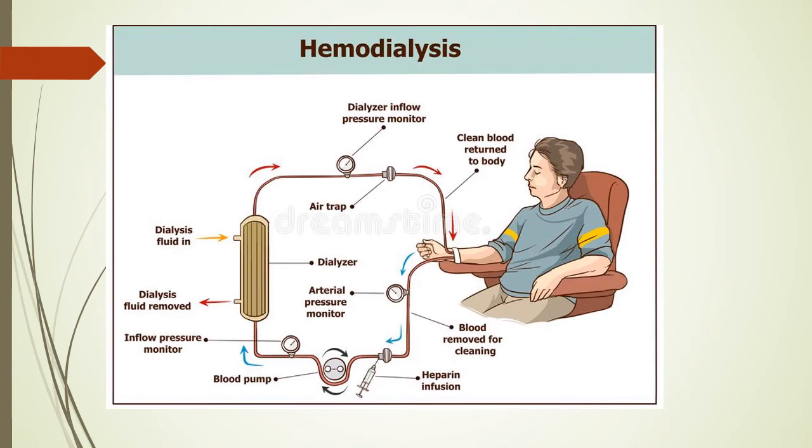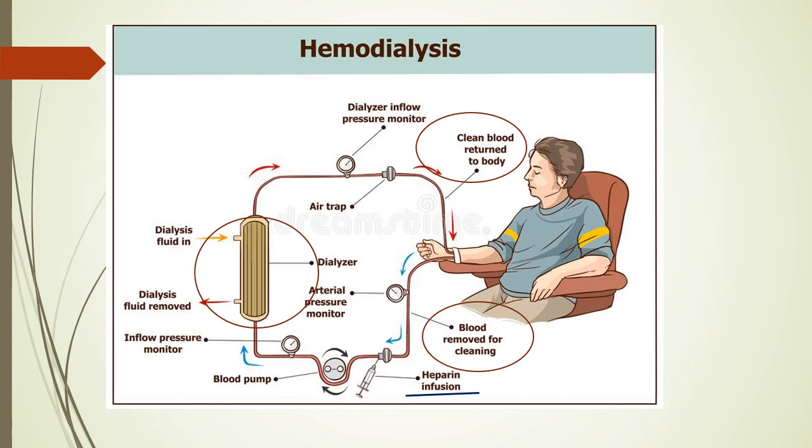It's a clearer diagram where you can see blood removed for cleaning. Then this is the dialysis fluid where it will be taken. And what is it taken for? Blood is drained from a convenient artery and pumped into this dialyzing unit after adding an anticoagulant, that's heparin.